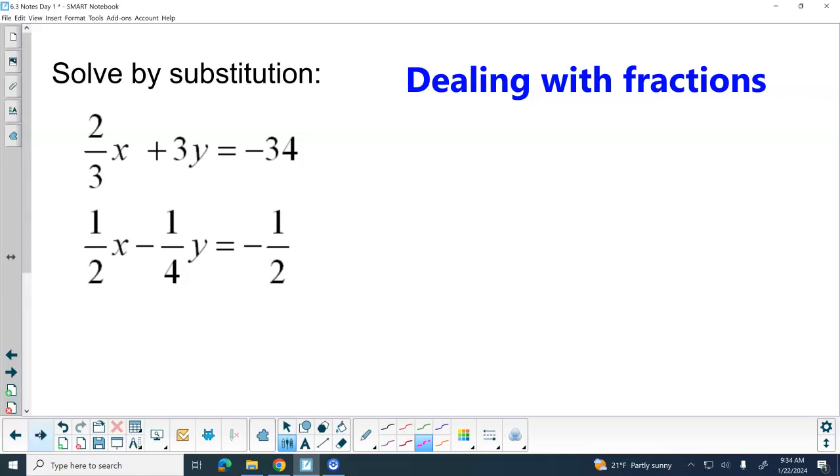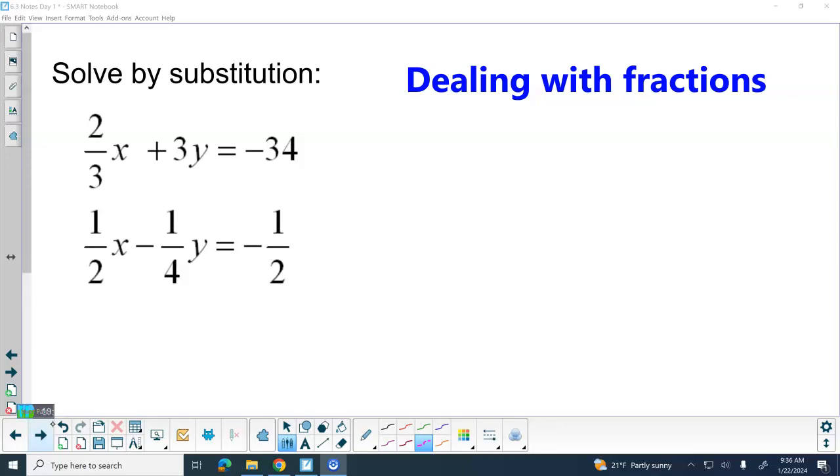We get to deal with some fractions now. Solve this equation using substitution. Does my strategy change if there's fractions? Nope. Strategy doesn't change even if there's fractions. Same thing. Same steps.